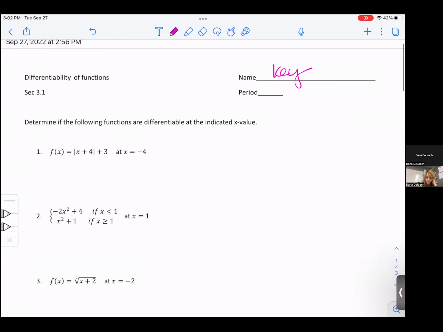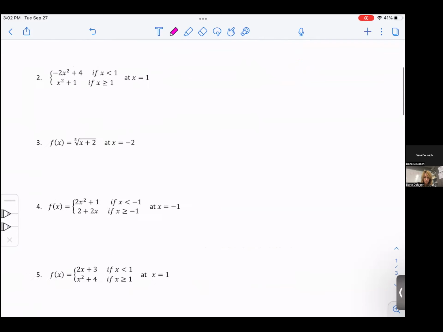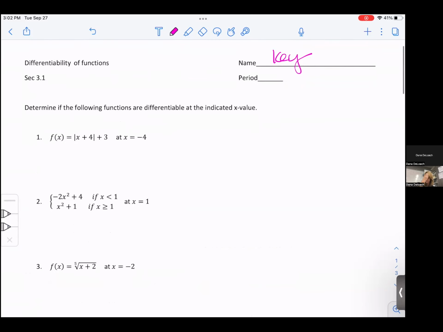We're going to find differentiability at a point. Well, there's two things that we have to do to decide if something is differentiable. We have to know that it's continuous.